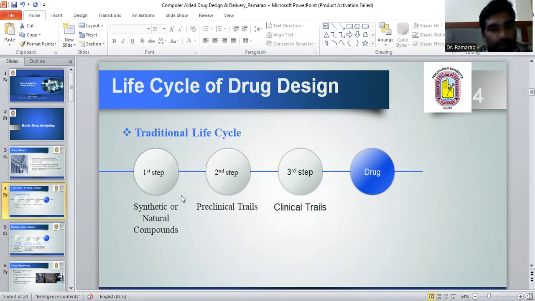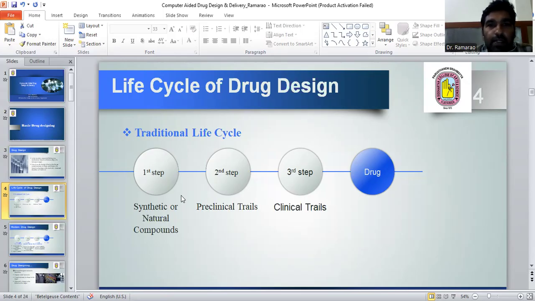Actually, in the traditional approach, pharmaceutical companies develop synthetic or natural products, and they develop so many compounds, approximately 10,000 per year.